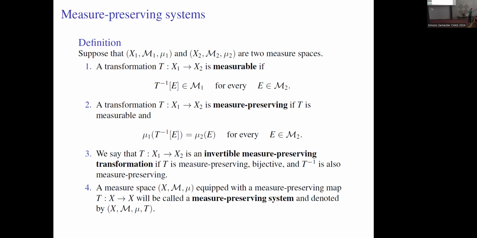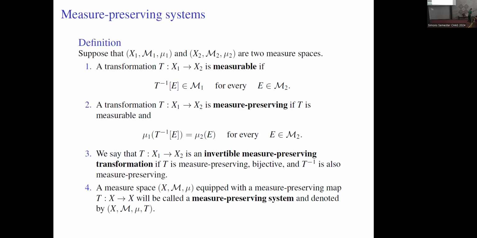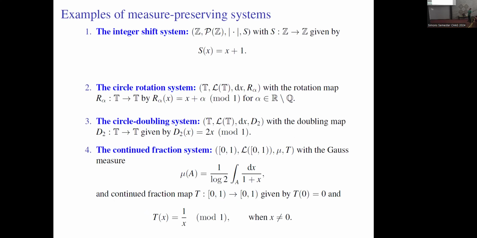A measure preserving system, on the other hand, is a measure space which is equipped with a measure preserving transformation, and will be denoted by this. Okay, so those are the basic definitions, but in order to get some ideas about them, here we have a bunch of examples.